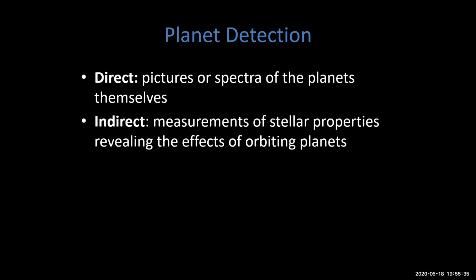The direct methods involve taking pictures or spectra of the planets themselves, whereas indirect methods involve measurements of the star that reveal properties about the orbiting planets. Most planet detection that is currently successful involves the indirect methods, two different indirect methods to be precise.